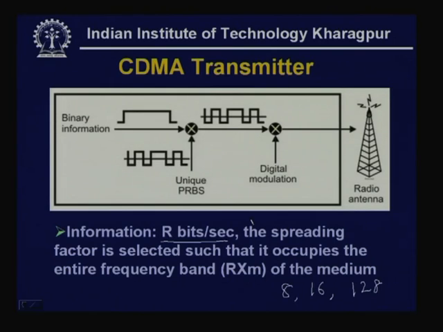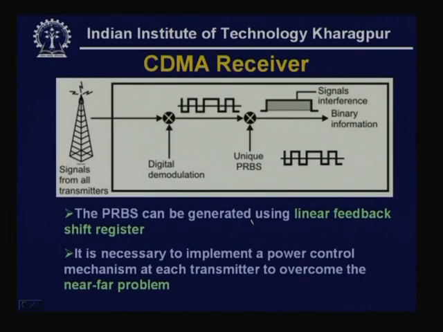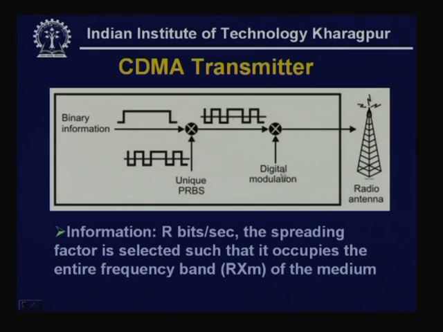Now, at the receiving end, signals from all the transmitters are being received by this antenna. Then the composite signal goes to the digital demodulator. Again, the digital demodulator means that decoding is being performed, as you have seen in the case of digital modulation.